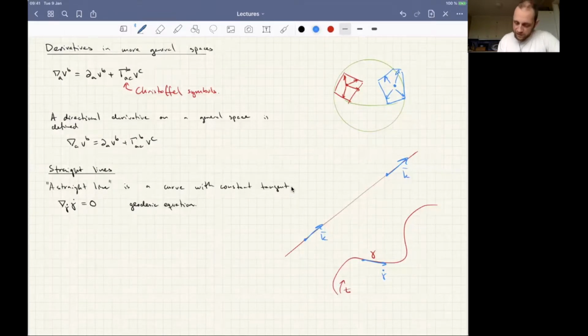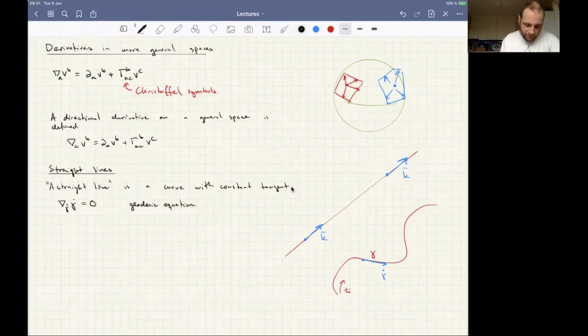So it means that with this definition of what a derivative means up here, if the derivative of gamma dot is 0 along the curve, then we have a straight line, or geodesic. And what this geodesic is, of course, is going to depend on how we have defined this derivative.